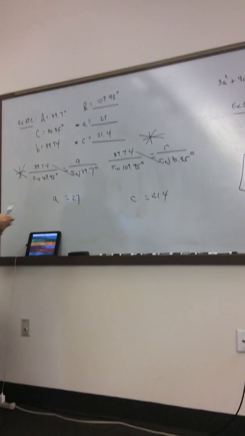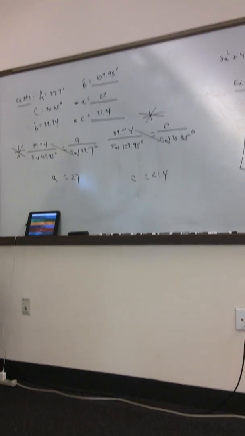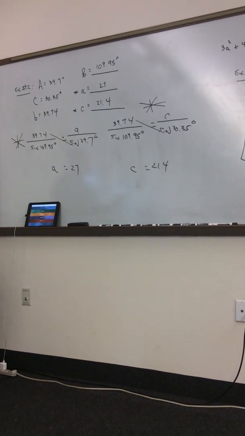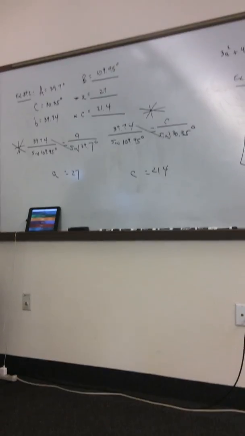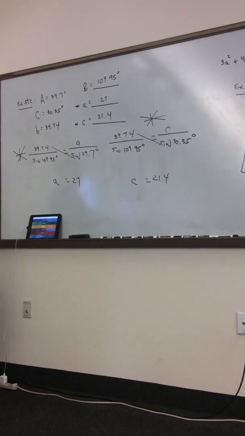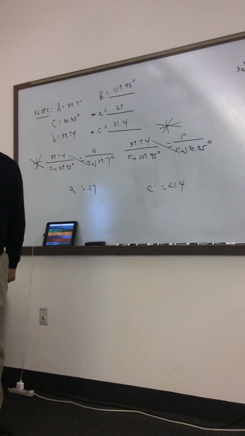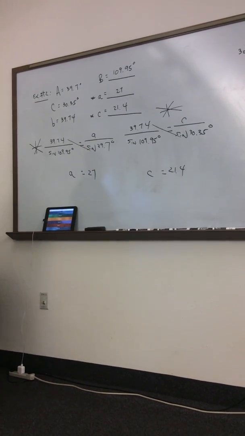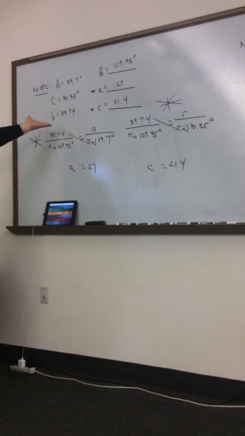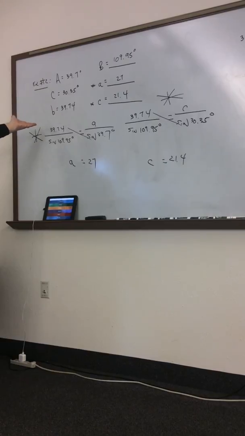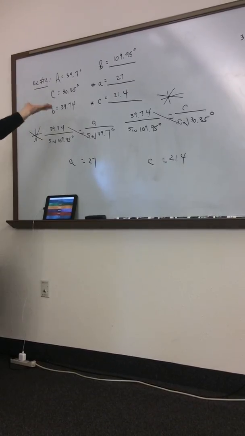Now I got one more thing to tell you, and then I'm done. You're gonna start doing this. When you get your answers, they have to make sense. Now, how about one of you telling me what I mean by that? Look, I just did this one. They have to make sense.